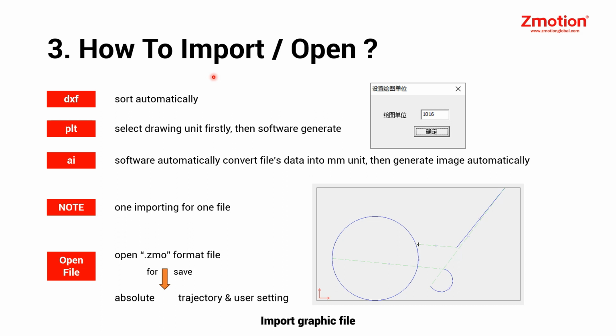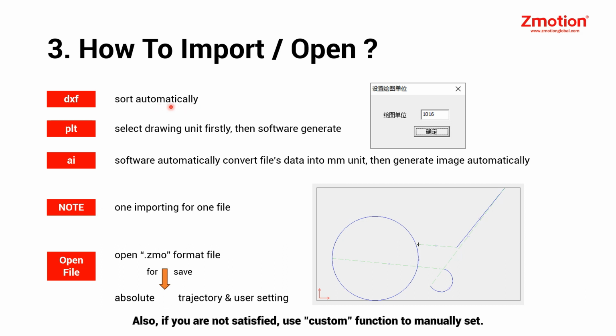Import graphic files. Click Import directly. Then one dialog box will appear. Select the corresponding file format. If a DXF file is imported, this software makes sequences for graphic data and generates processing images in the graphics interface automatically.